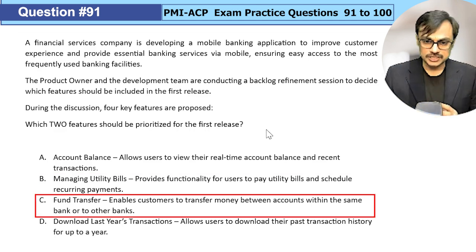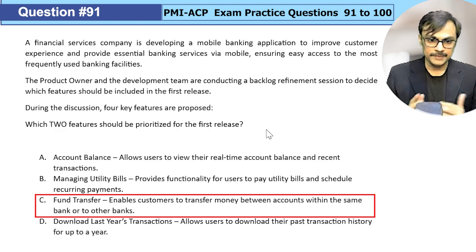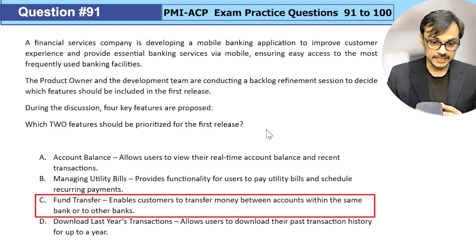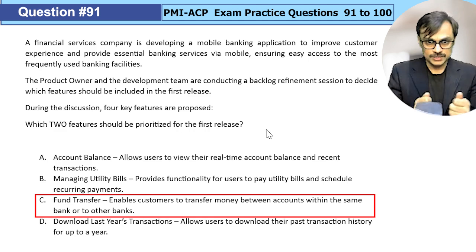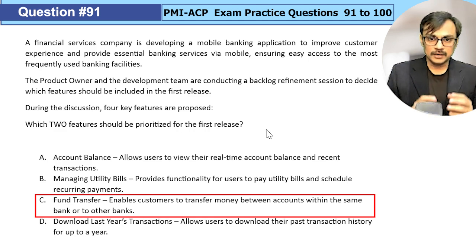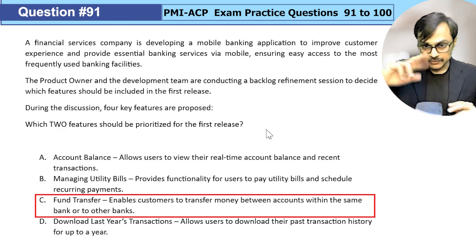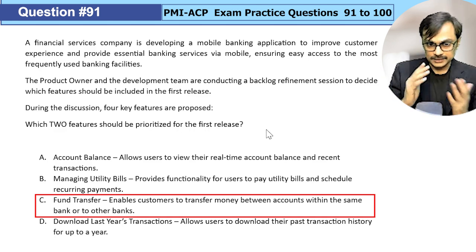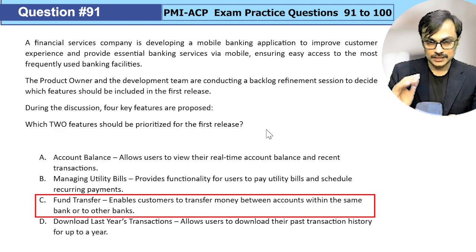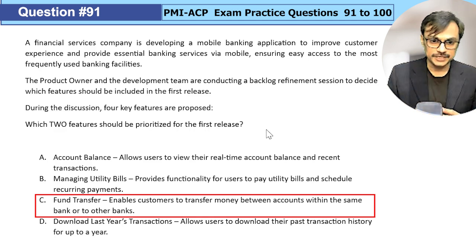Enable customer to transfer money between accounts within the same bank or to another bank. Yeah, that seems to be the case. So I do believe if I'm using my phone banking app, most likely I will see my balance and I want to use it for account transfer. So for me, if I have to do a peer-to-peer comparison, I think out of 3, I want to take A and C. Let's see about option D.